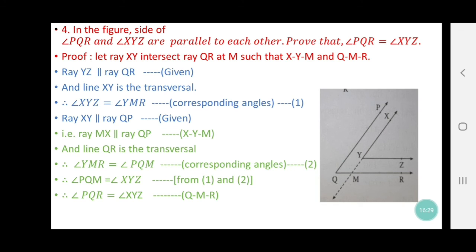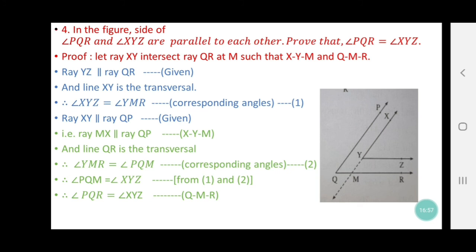So which two angles are equal? Angle YMR is equal to angle PQM. Or I can say that angle PQM is equal to angle XYZ, from 1 and 2.